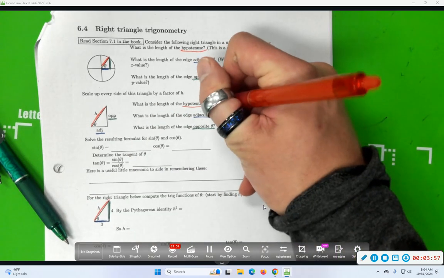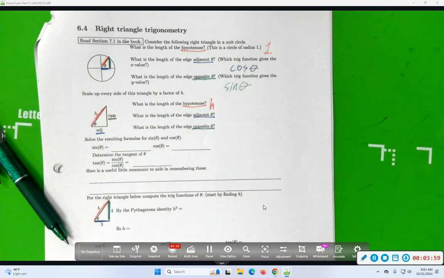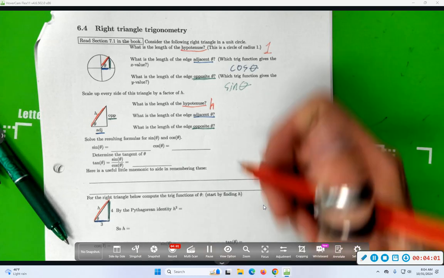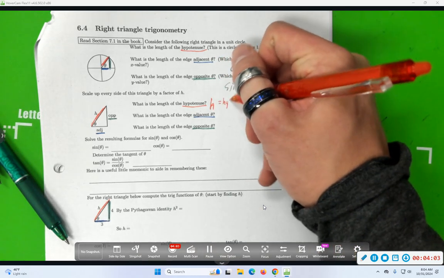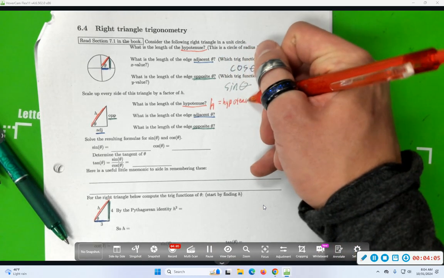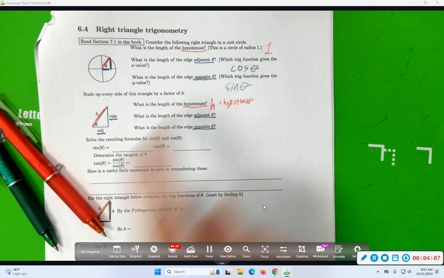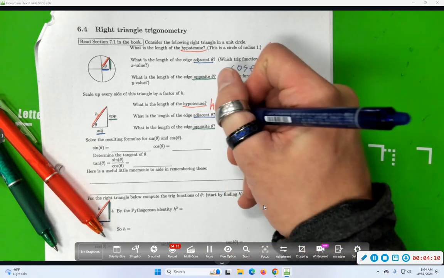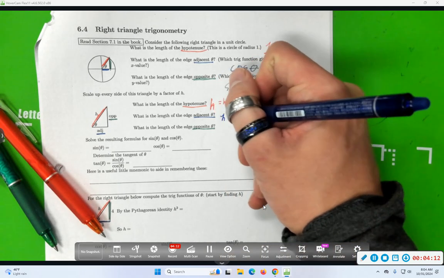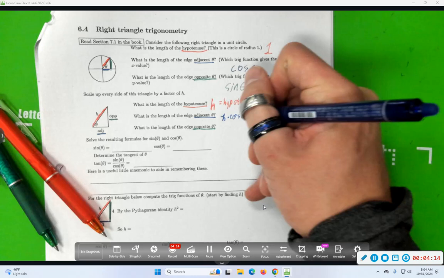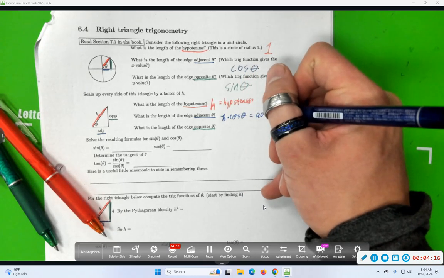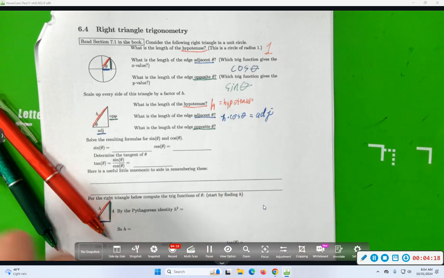What's the length of the edge adjacent? Originally it was cosine theta, but I've scaled it by a factor of h. h times cosine theta is the length of the side adjacent.